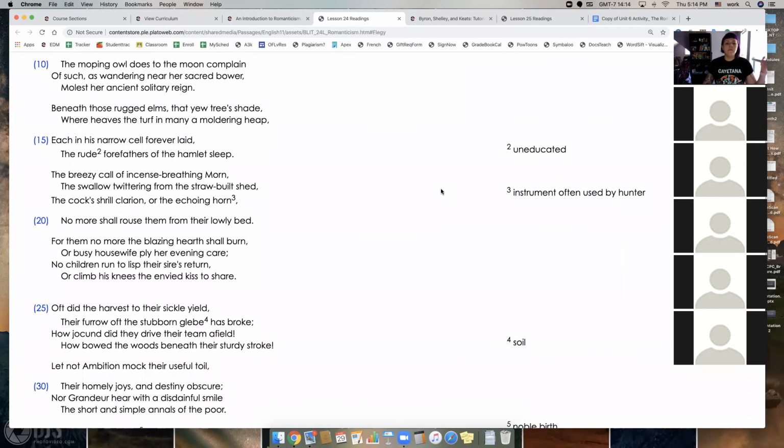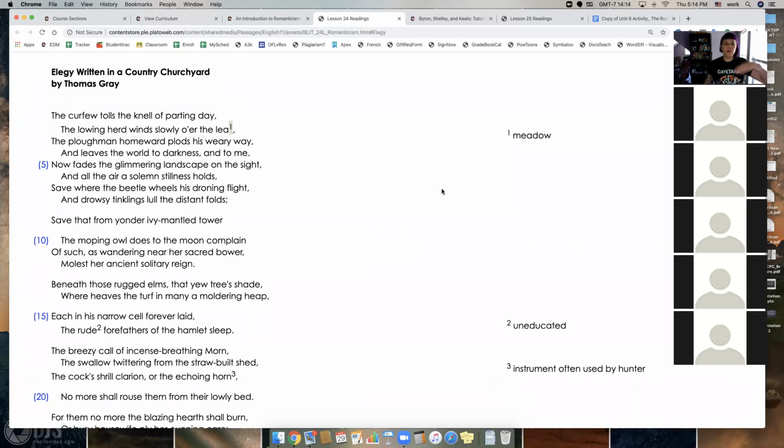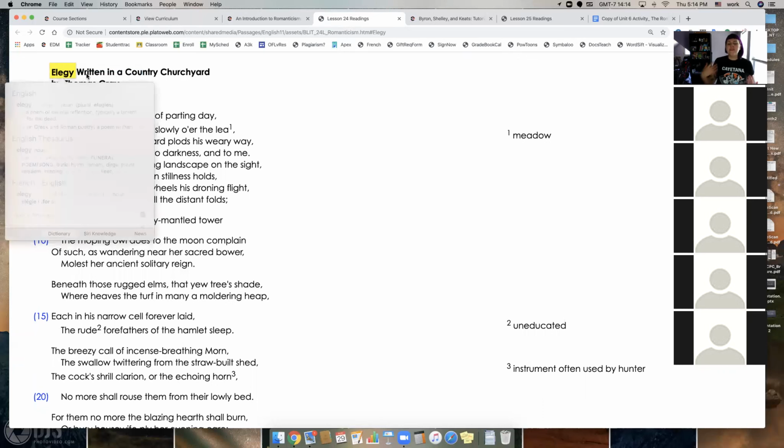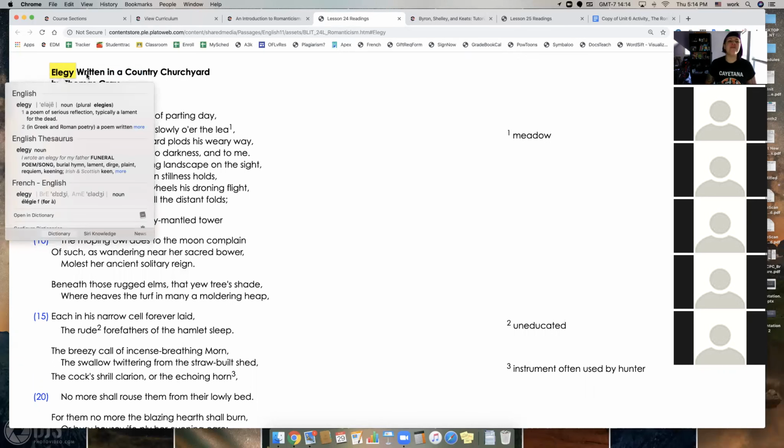But basically, this whole poem, so first off, it's an elegy. And so, hold on, I'm going to use a tool that I really like to use. I have a Mac, so it does this. So an elegy is a poem of serious reflection.